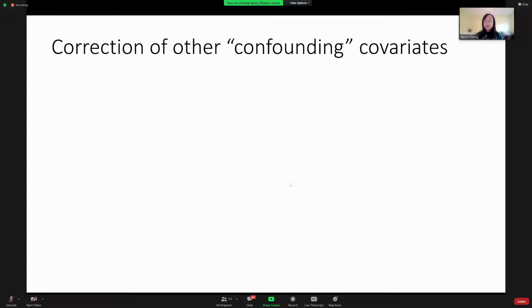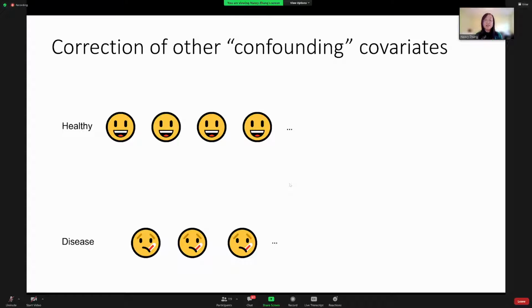Other than batch, there are other covariates that are often confounding our analysis. Say, for example, we're doing a study comparing healthy versus diseased individuals, and we collect cells from each of these individuals. We want to see what cell types are specific to the disease, or, say in T memory cells, what is different about them in healthy versus disease?